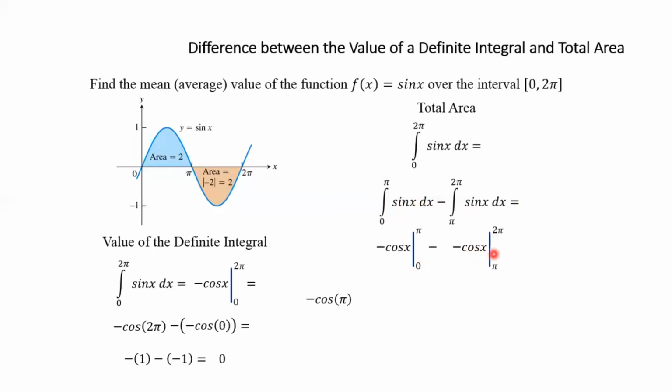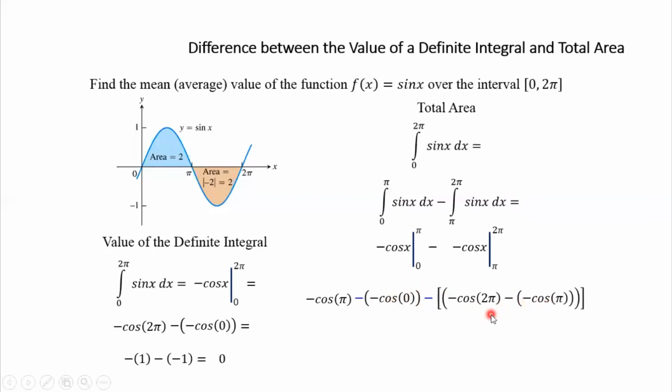Then simplify this one: negative cosine pi minus cosine of 0, minus, this one, minus cosine of 2 pi minus of cosine pi.